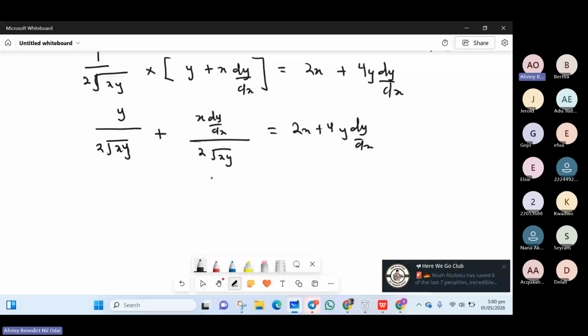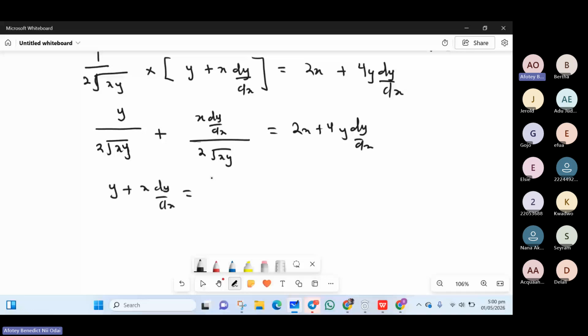So we get y plus x dy on dx. 2x times 2 root of xy gives us 4x root of xy, which we will simplify very soon, plus, sorry, this gives us 8y dy on dx times root of xy.